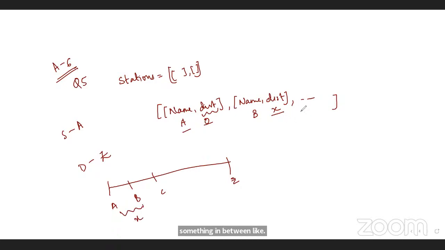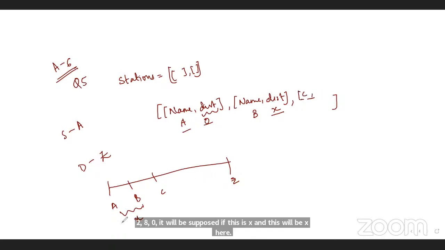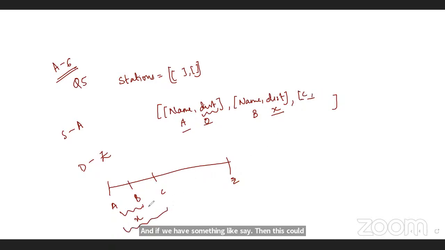A to A is 0, A to B, suppose this is X, then this will be X here. And if we have C, and if this is Y, then this is going to be X plus Y. Correct?